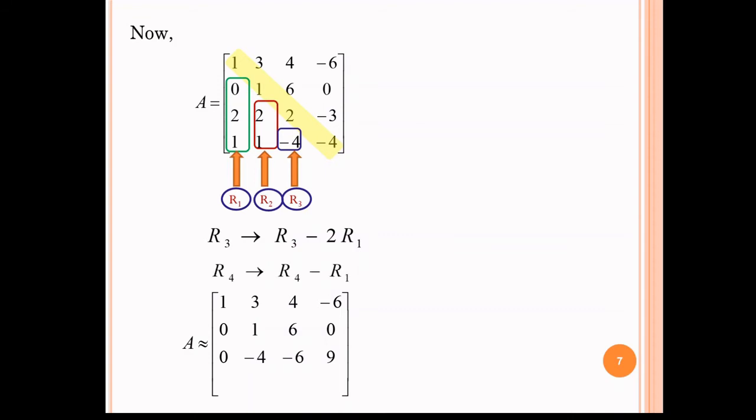Then we change R4 using R4 minus R1. Remember that we are changing R3 and R4 using R1, and we get R4 as 0, minus 2, minus 8, 2. So now this is our matrix wherein we have to change minus 4 and minus 2.